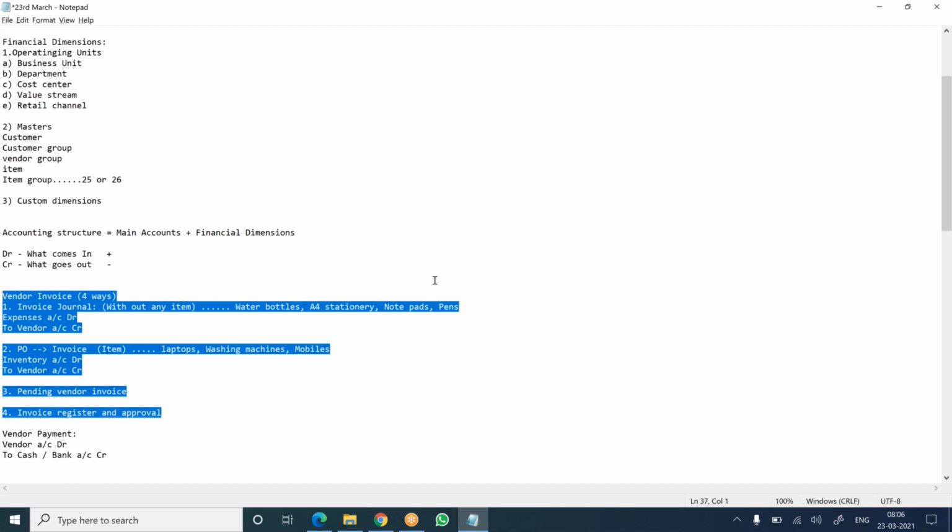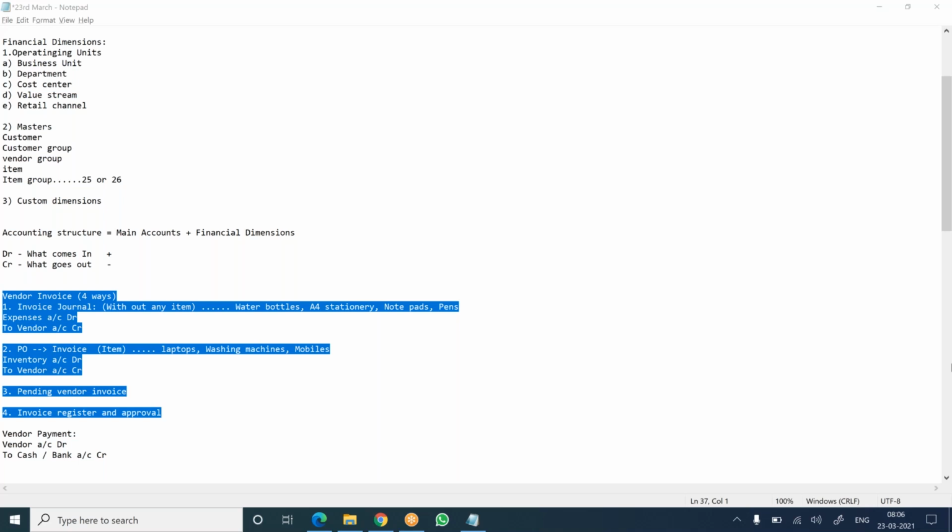Someone else is asking. Hey, Satya, just to recap, there's a one-to-one map between a legal entity and a ledger, and the ledger ties your chart of accounts and your financial dimensions to an accounting structure.